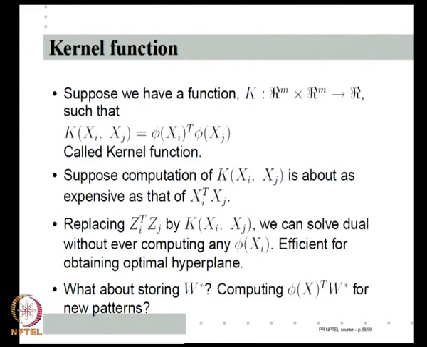So, even though for obtaining my mu's I do not have to calculate phi(xi), what do I do with my mu's? Ultimately, I obtain my mu's so that I can calculate W star, and I calculate W star because next time you give me an x, I have to calculate phi(x) transpose W star to classify it. So, W star stays in my million dimensional space. I have to store W star and I have to calculate phi(x) every time you give me a new x. What do I do about this?